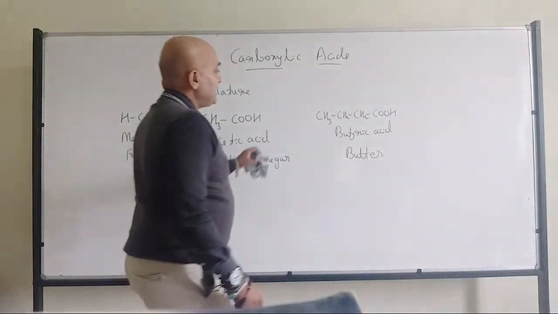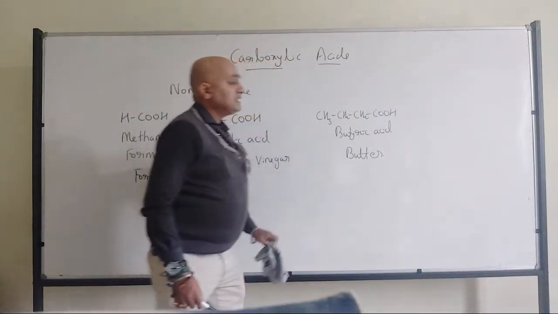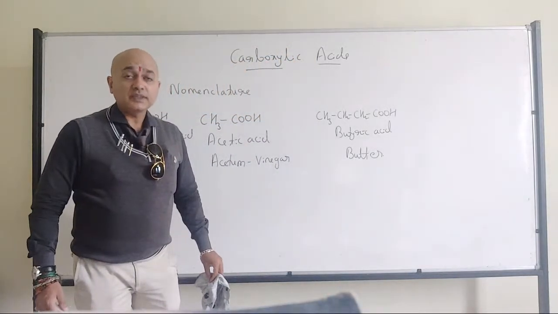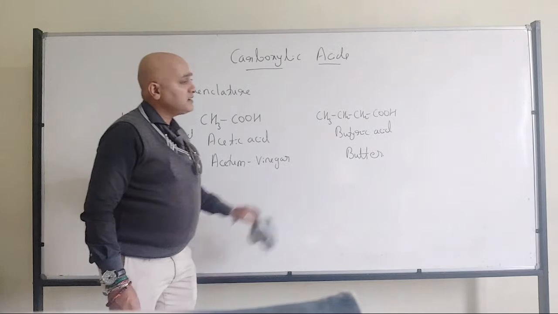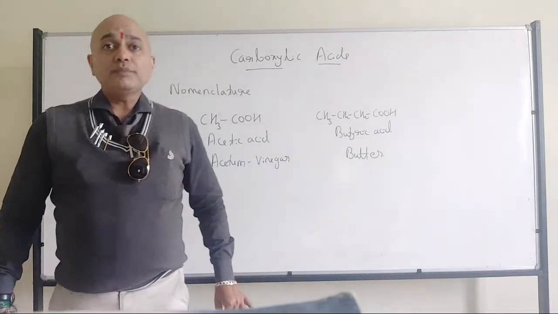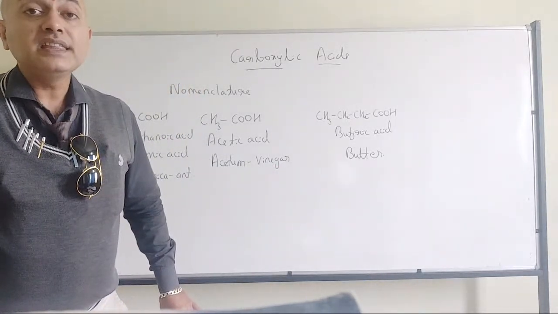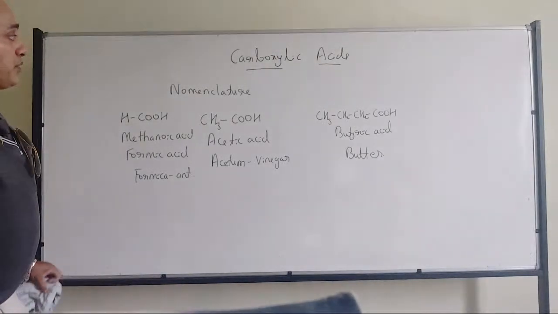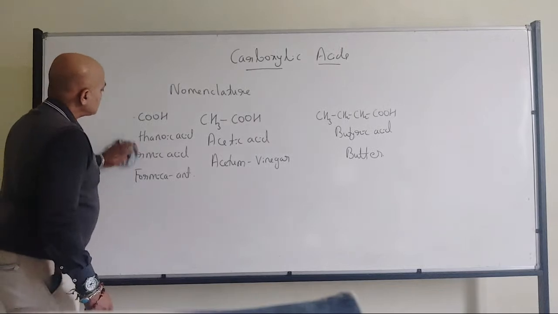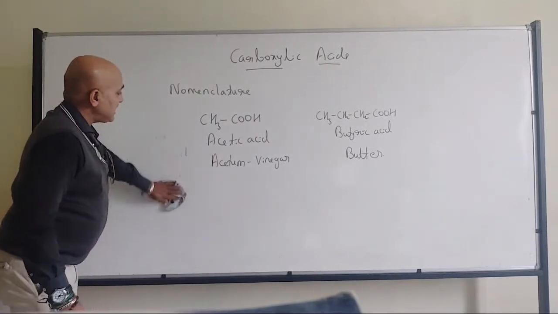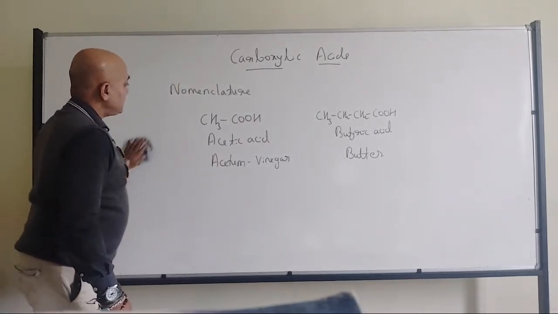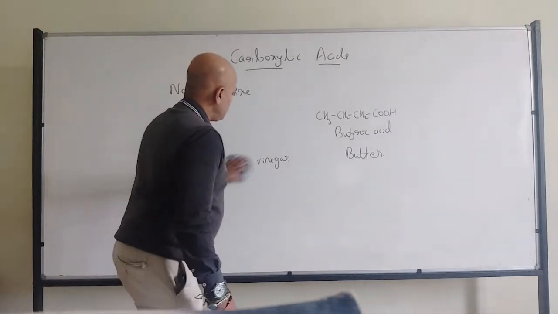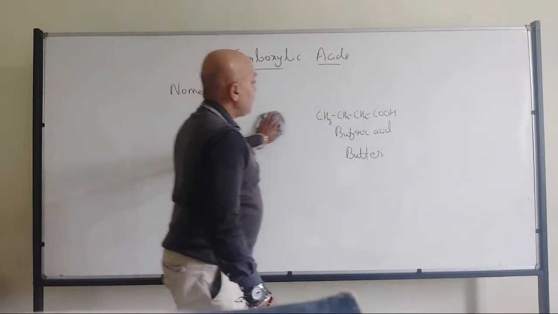So what I mean to tell you is that for most of these acids, the common name is because of their source. From their source, they have kept the names of these molecules. Now, when I am talking about these molecules, all of you can see their name ends with oic acid.